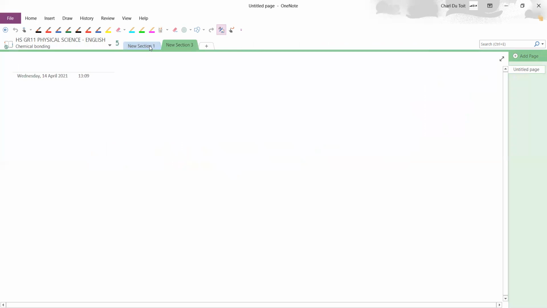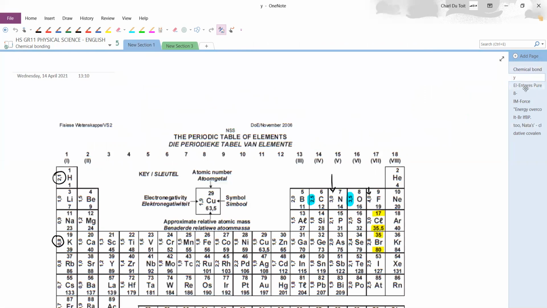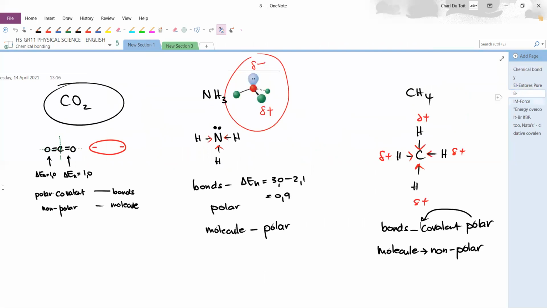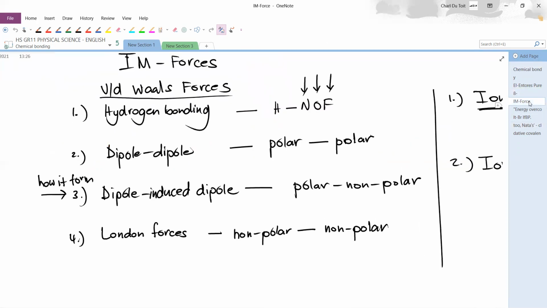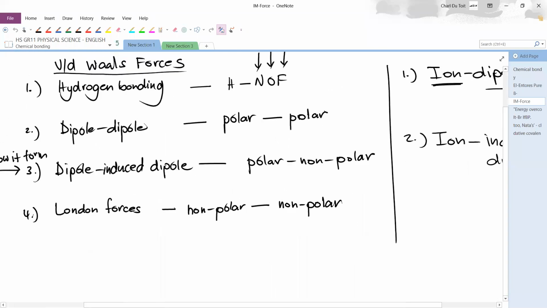And we've basically done this. I'm just going to scroll through. There's our periodic table. We've explained when a molecule is polar or non-polar. We've looked at the various molecules, and this is also polarity. And then we've looked at 4 different van der Waals forces, and also ion dipole and ion induced dipole forces.